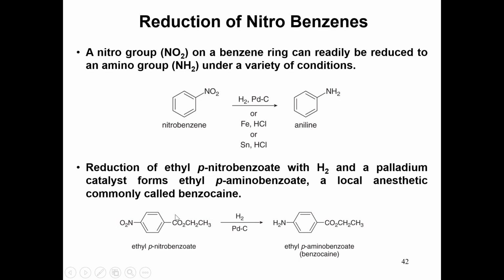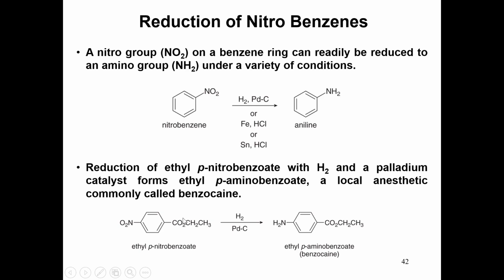This reaction is interesting. We have a nitro group, but this is not a ketone. This is an ester. So the nitro group can be selectively reduced to an amine group, but this ester group will not undergo the reducing reaction. Please keep in mind, this is an ester: carbon-oxygen double bond, then another oxygen here.